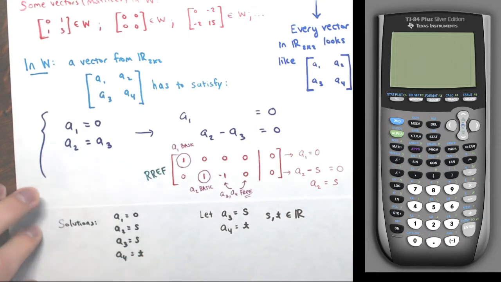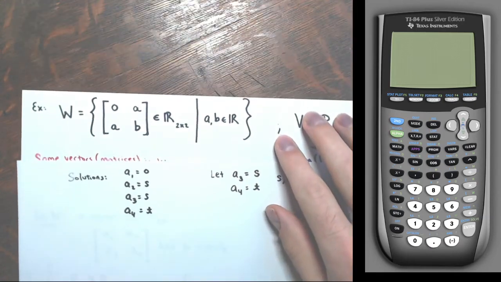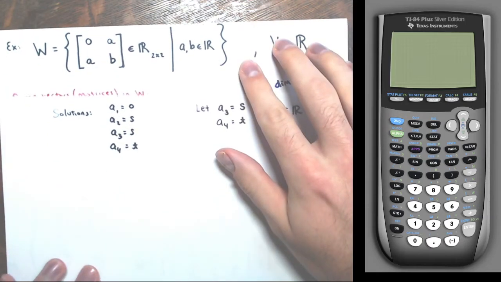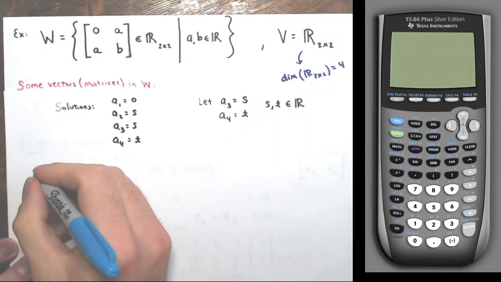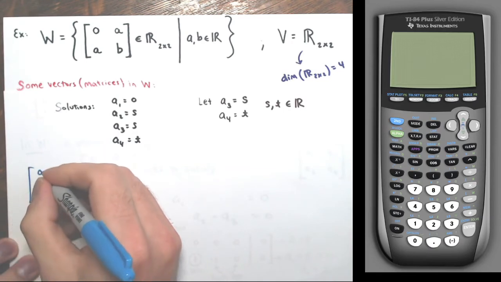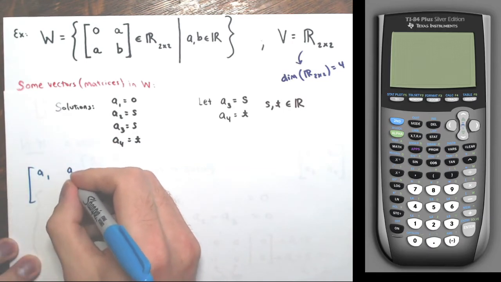Well, you know what? If I just called them A and B instead of S and T, I'd get exactly the same matrices that are described up here. All right, let me show you. So my general matrix from R2, right? So remember this is from R, so A1, A2, A3, A4.